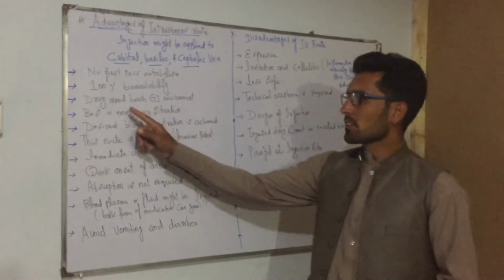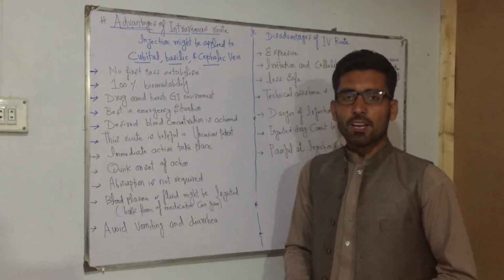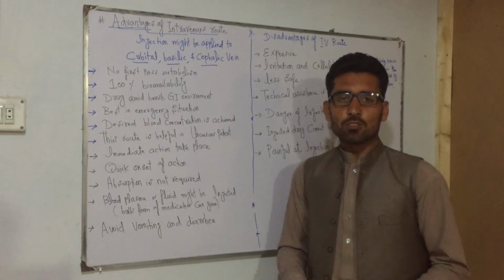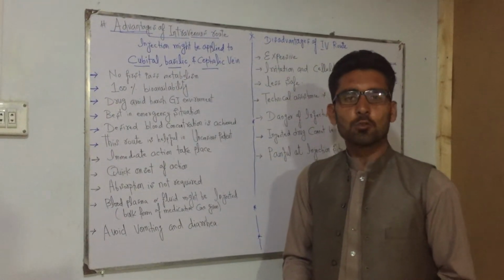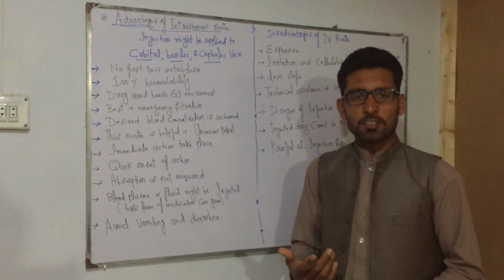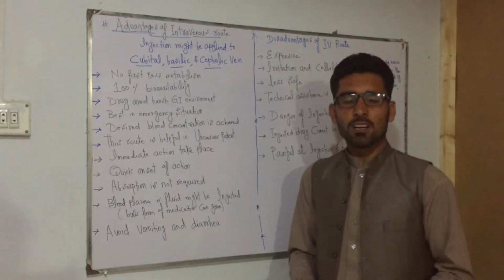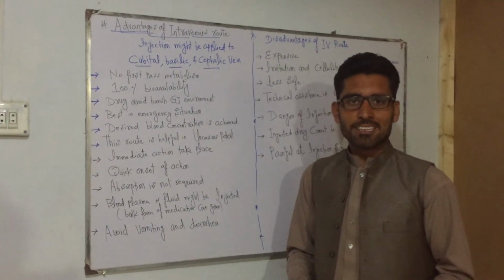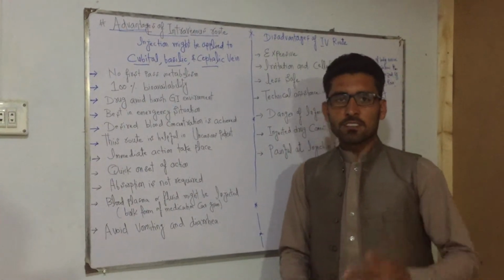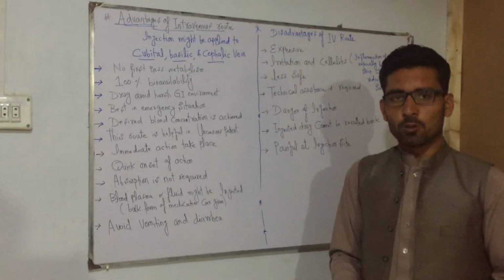Next point is that the drug avoids the harsh gastrointestinal environment. If we take a drug, solution, tablet or capsule by the oral route, it has to go to the stomach, then to the intestine, where it faces a lot of different environments: acidic and basic environments, different types of digestive enzymes, metabolic enzymes, catalytic enzymes, where there is destruction of the drug.